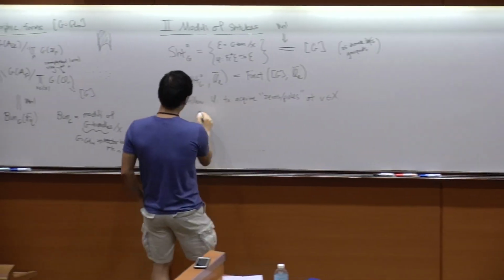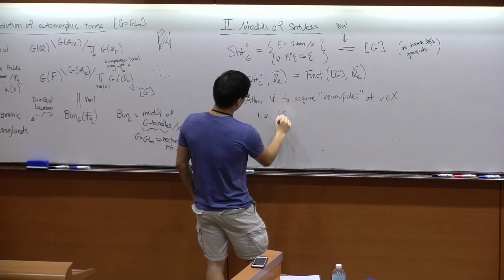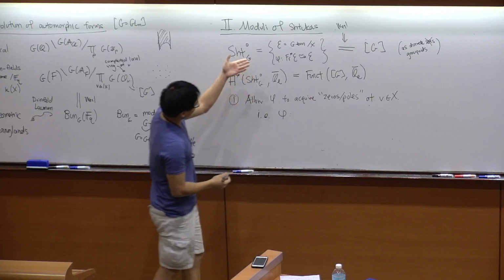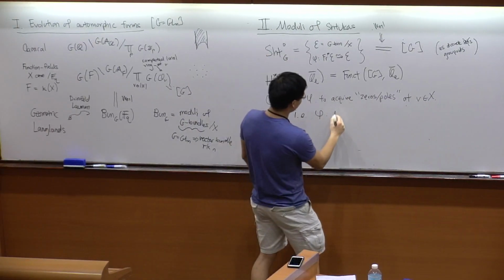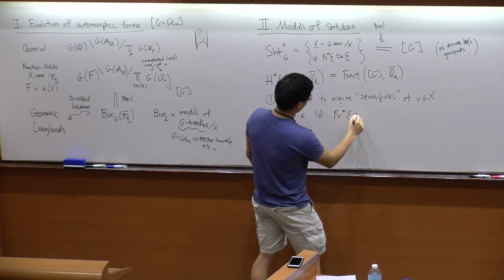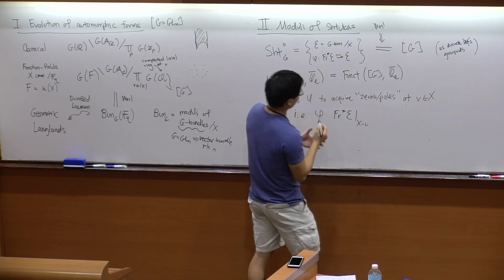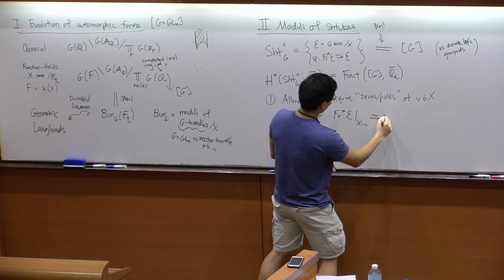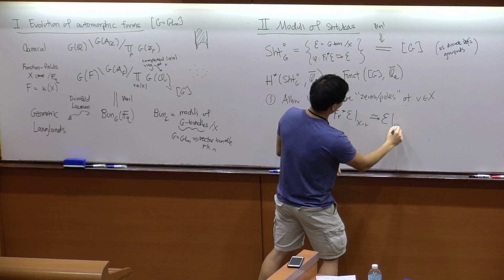So in other words, I'm instead going to ask for a map which is just an isomorphism on a punctured version of the curve. But I'm not going to require that it extends to an isomorphism on the whole curve.